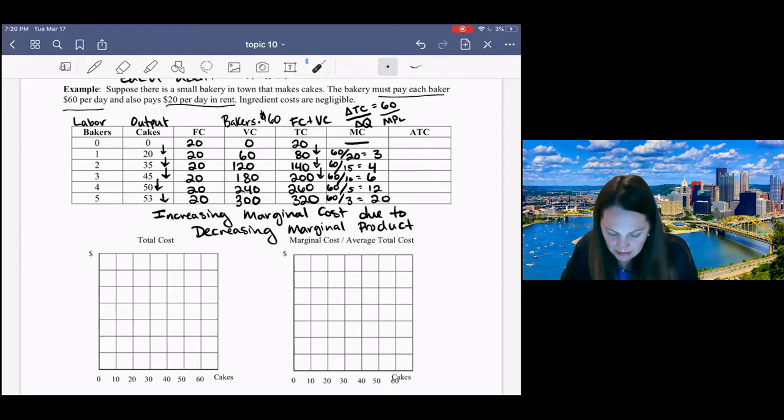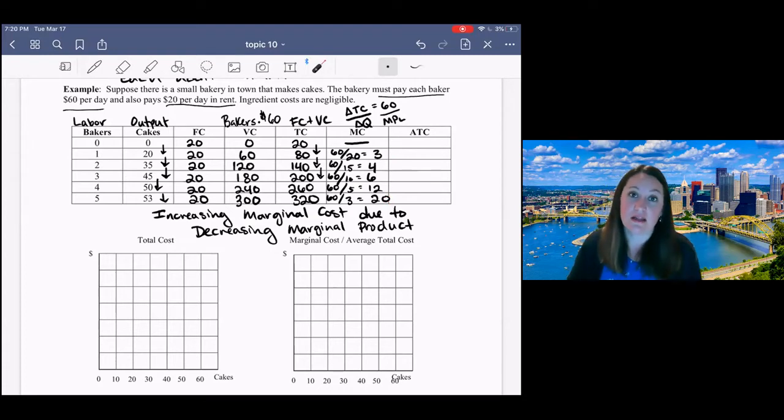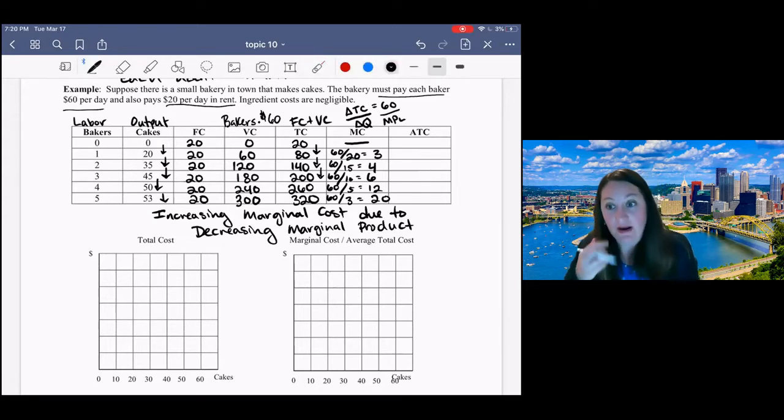Because each baker produces a smaller number of cakes as the fixed inputs become crowded, then the cost of producing cakes is going to increase the more cakes that I'm producing. Okay. Good. So we're going to look and see what those look like on the graph here in a minute.